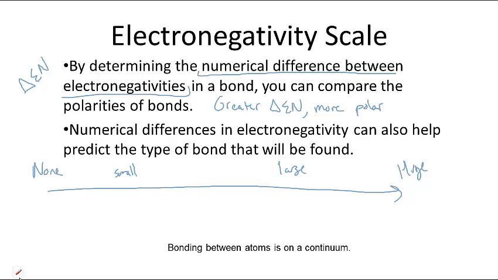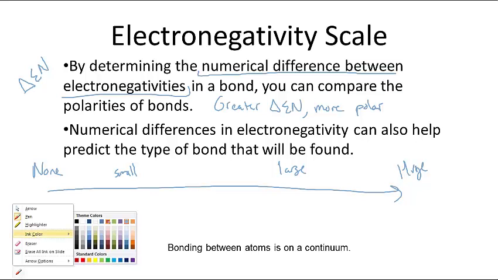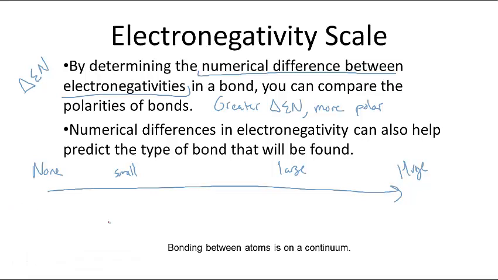So if I have no difference in electronegativity, I know this is nonpolar, covalent. If I have a huge difference, then I know this is ionic. Anything in between here is what we say a continuum.